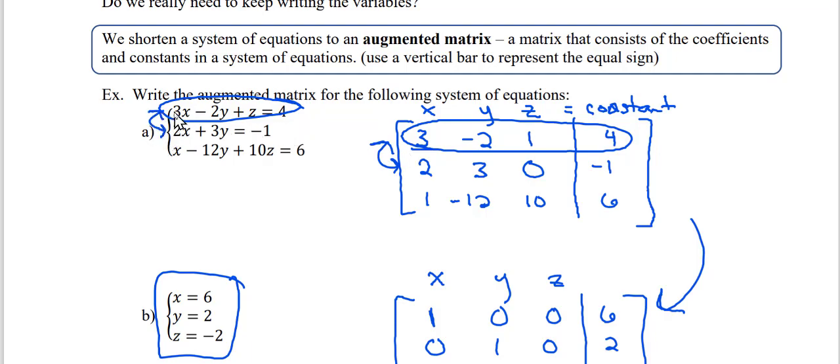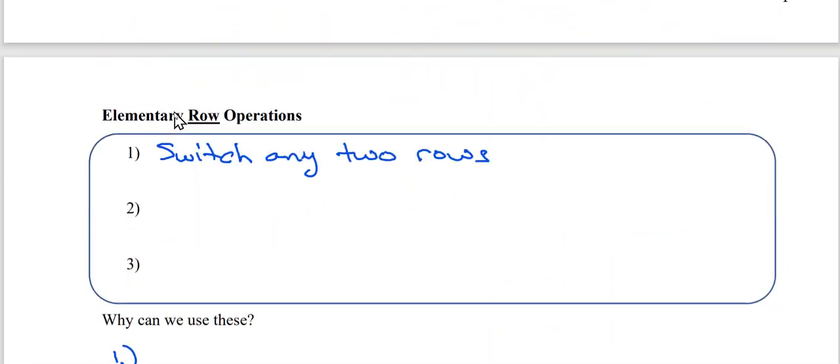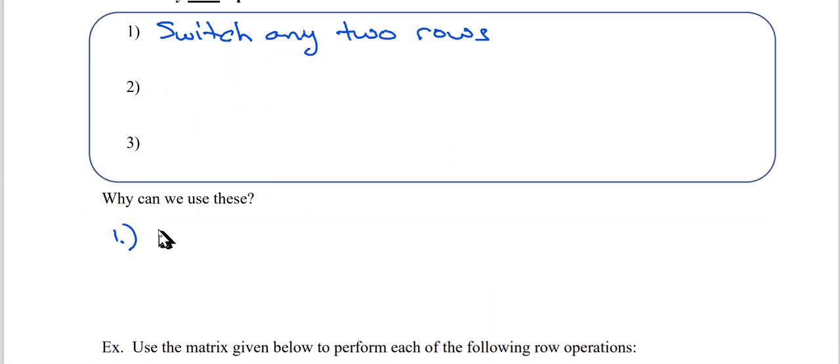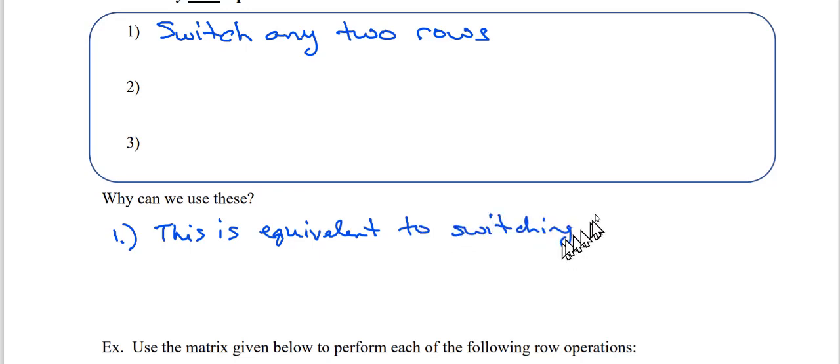That doesn't change the system of equations, and it certainly doesn't change the solution. This is equivalent to switching 2 equations. You cannot do it to columns because then you're flipping the variables, and I suppose you could, but you have to keep track of the fact that now we have x, z, y, for example, if you switched those, and I would not do that. You're going to confuse yourself.